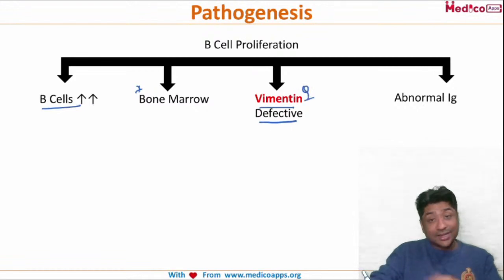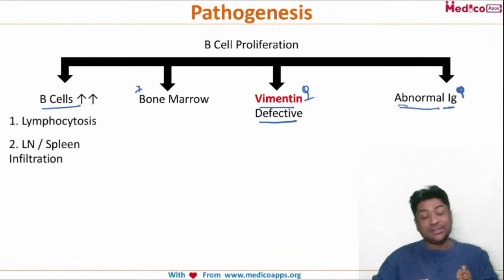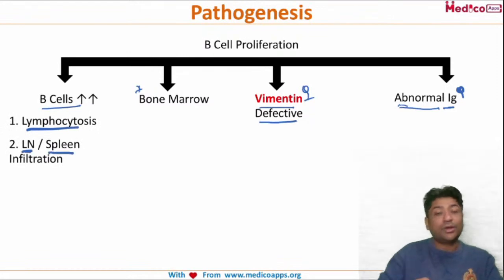Again, this has been asked, and there are some manifestations because of that. And there is immunoglobulin. We know that B cells are important for the formation of immunoglobulin, so abnormal immunoglobulin will be formed. What happens when B cells are increased? Obviously, you will have lymphocytosis, and these lymphocytes will infiltrate your lymph node and spleen.